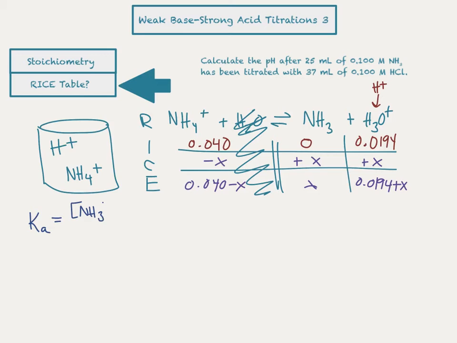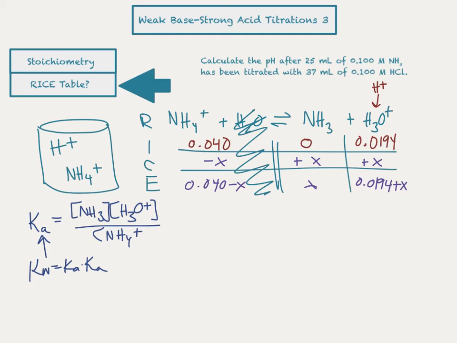which in this case would have ammonia and hydronium ion on the top and the ammonium ion on the bottom. And then we could, if we wanted to, find this Ka using Kw equals Ka times Kb, or you could look up the Ka in a book, but honestly, that's a lot of work.